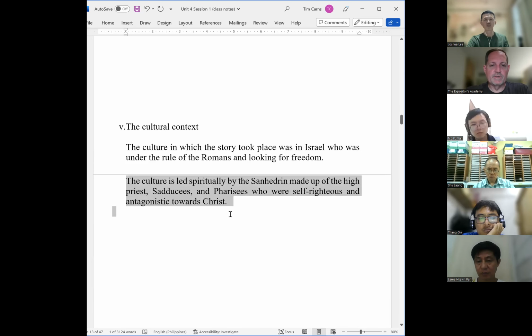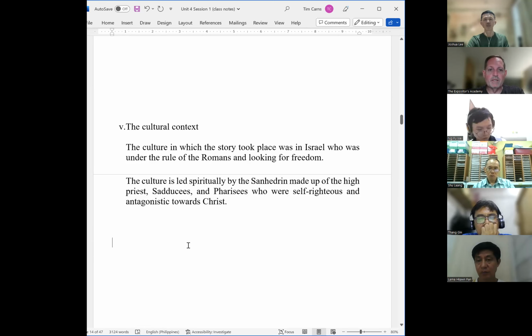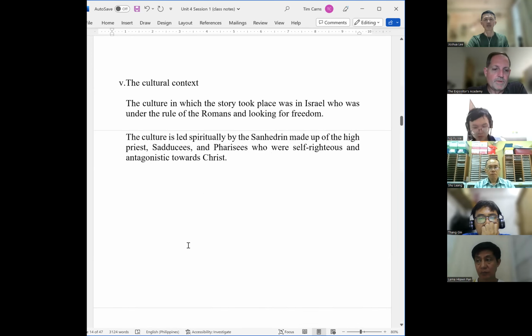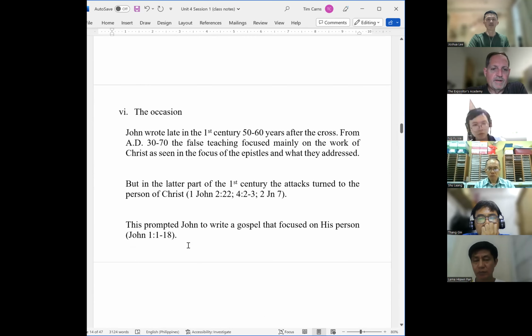This, by the way, is going to play a huge role in John chapter 4. We really have to understand the culture, particularly the relationship between Jew and Samaritan, to understand the story of the woman at the well. And then finally, as we've already discussed in the background context, you want to be able to identify the occasion of the book. That is, what prompted the book to be written.